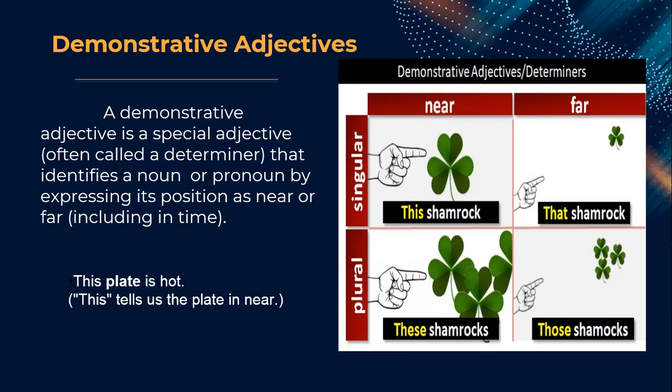If a thing is very close or near to me, I can say, this plate is hot. It tells the listener that the plate is near to the speaker. And if I say, that plate is hot, it means it is kept far from the speaker, right? The examples are on your screen.